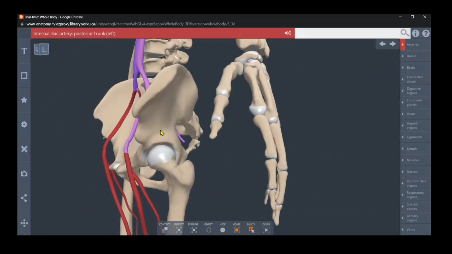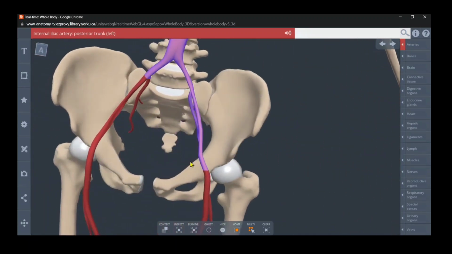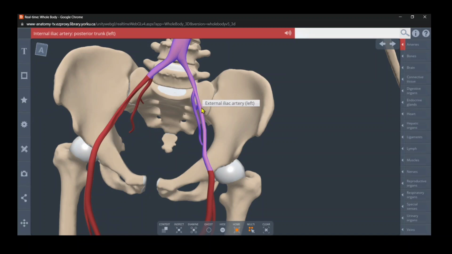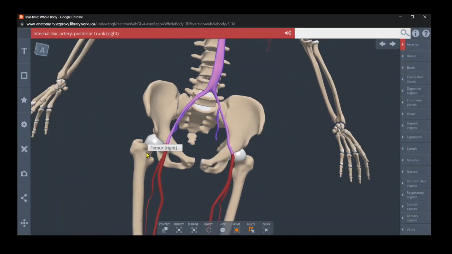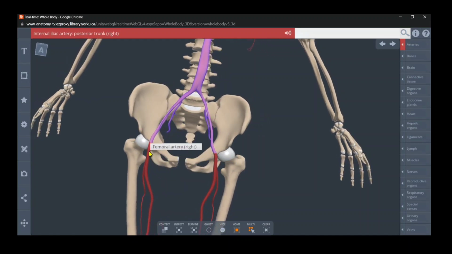The internal iliac just goes posteriorly and supplies blood to posterior muscles over here. And the external iliac continues downwards. It's another branch right there. External iliac continues downwards, and it doesn't split, it changes name, I should say.